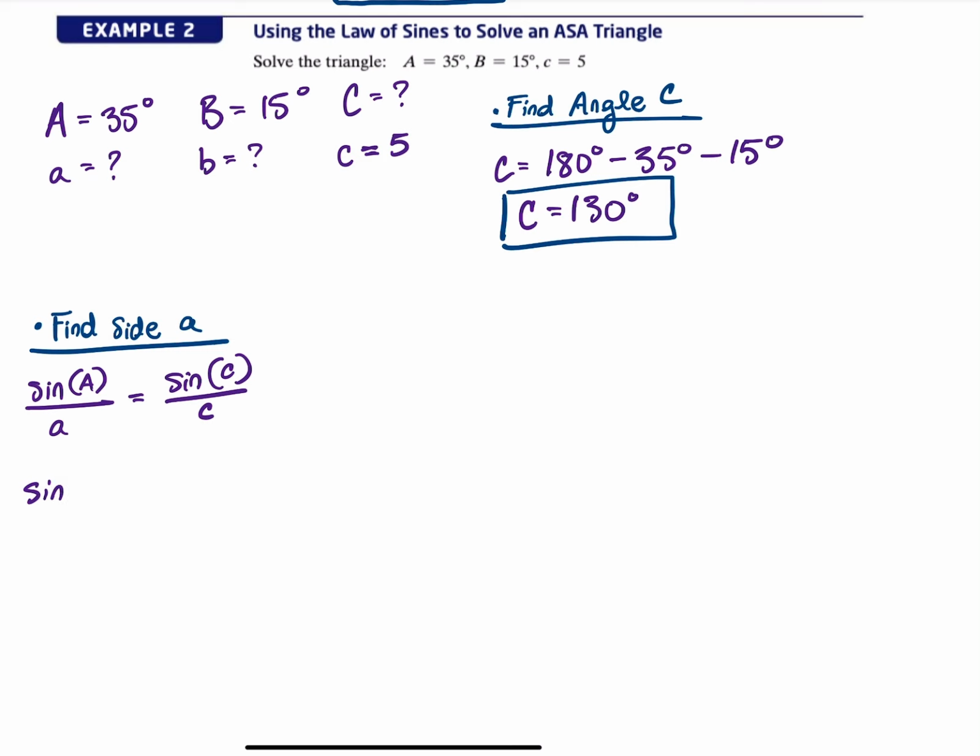The sine of 35 degrees over A should equal the sine of 130 degrees over C. Oh, and we know what C is. C is equal to 5.